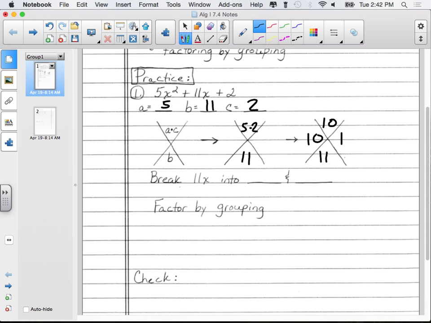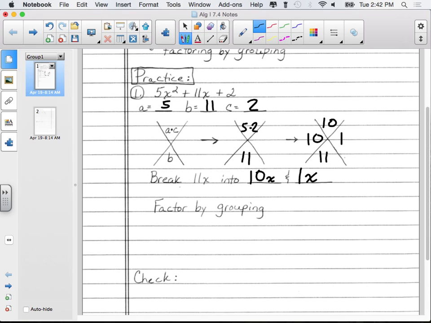All right, now yesterday, once we got here, we just plugged those into our final answers, right? But we can't do that today. So now what we do is, whatever we found, we break those up into our x's. So this would be 10x and 1x.